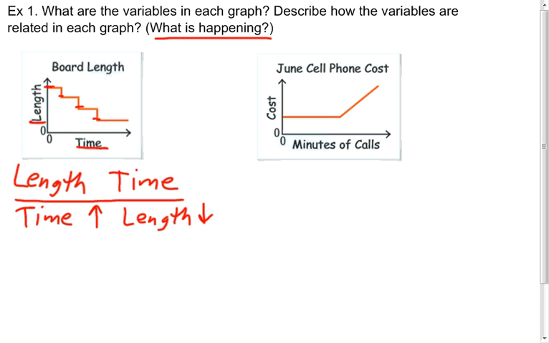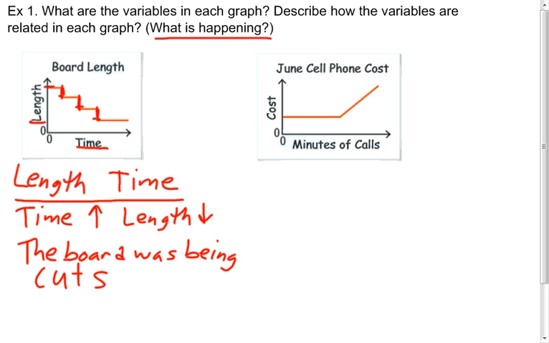So what's happening here, every time you have a spot where it's straight up and down, that means that somebody cut the board with a saw. So if I was describing what would happen, that's what's happening in this problem. The board is being cut shorter.